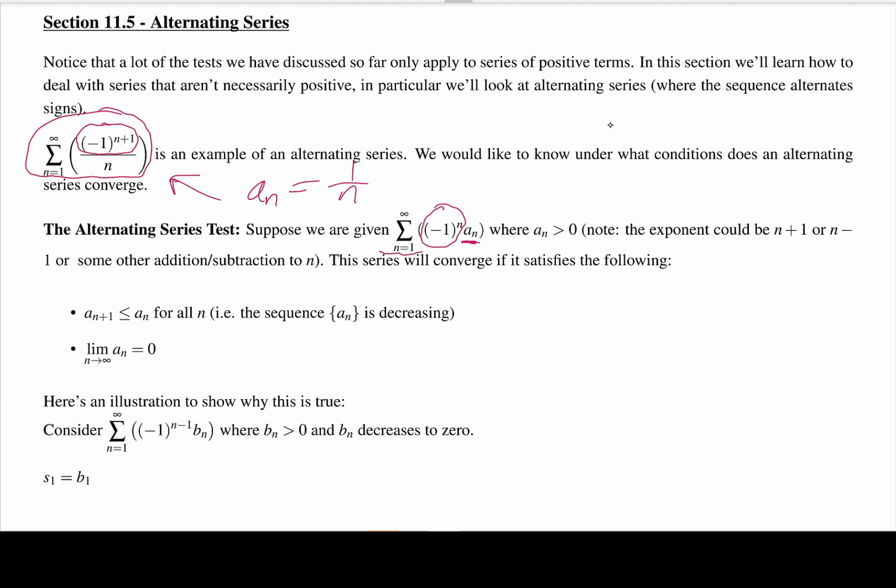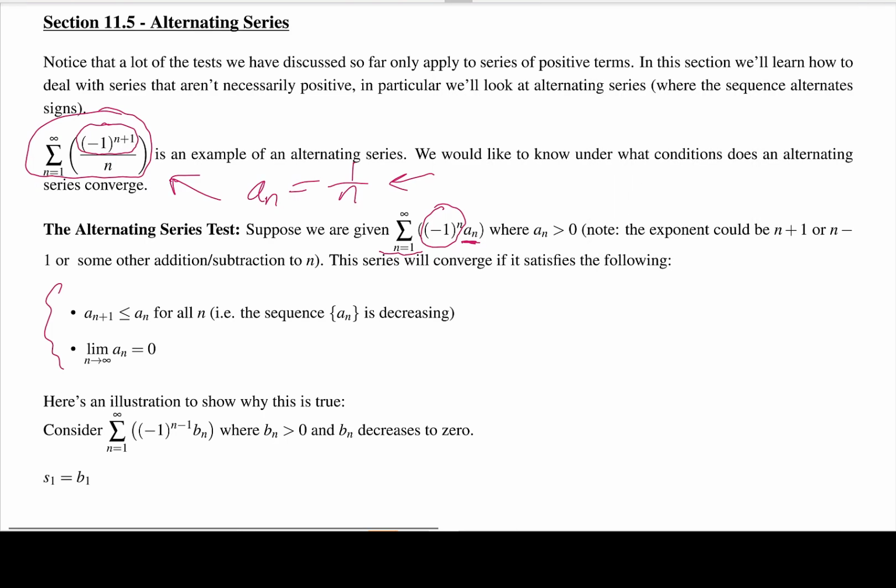So the alternating series test is going to be used when our a sub n is strictly positive. If I look at this a sub n right here, 1 over n, whenever I'm plugging in n equals 1, 2, 3, and so on, we're getting all positive terms. Now, this series will converge if it satisfies these 2 points right here.